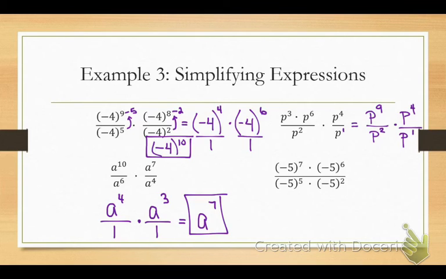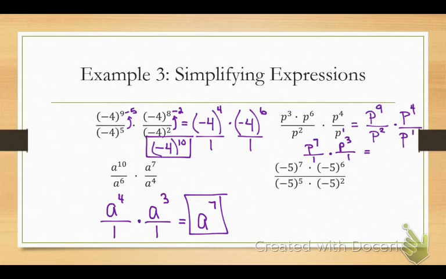P to the power of 7. And remember that's over 1 because all my powers of p are now on the top. What does my second fraction simplify to? 4 minus 1 is 3. So p to the power of 3 over 1.